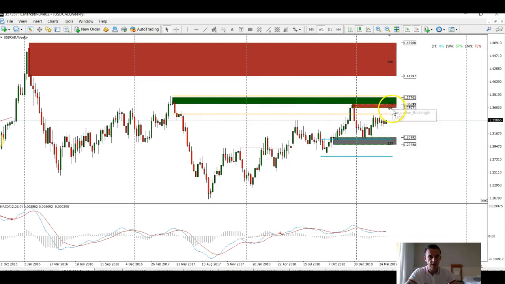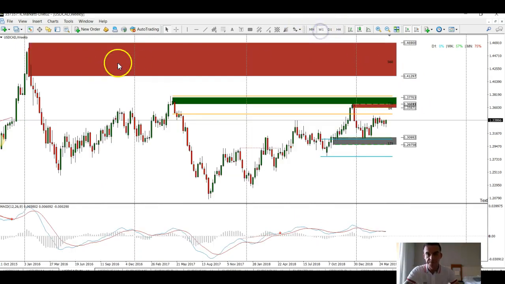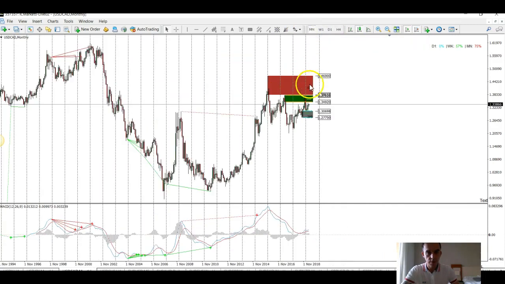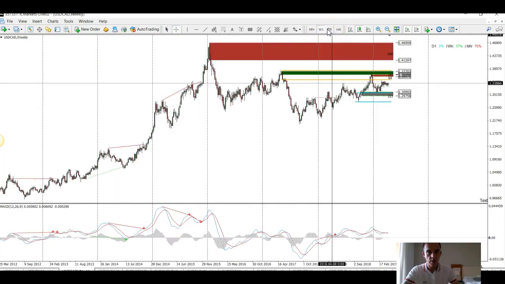I have talked about this heading back up towards 136. So up towards 136, I'll be looking to sell the USD CAD on a monthly inside a weekly inside a monthly. See, this is a huge monthly zone just above this. So see what happens as it's coming up to the 136 area.